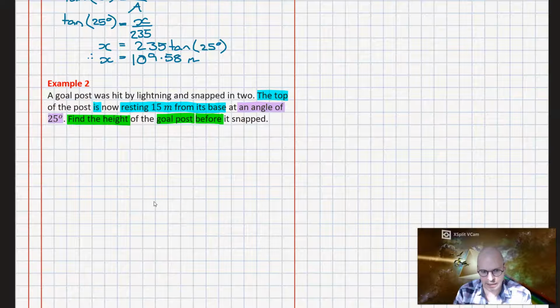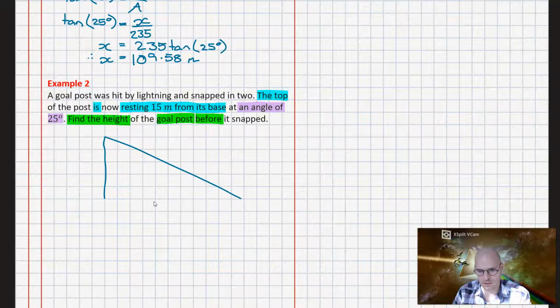So what we originally had was a goalpost, I'm assuming it's AFL or rugby. A goalpost like this, and it got snapped. So it's now like this, and it's hanging downward like so.